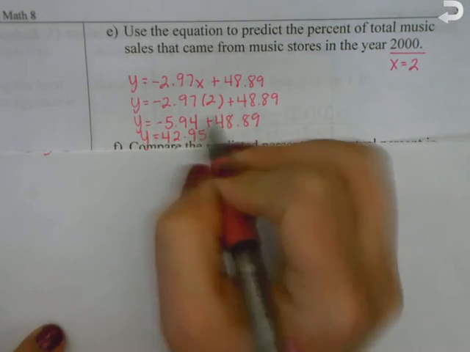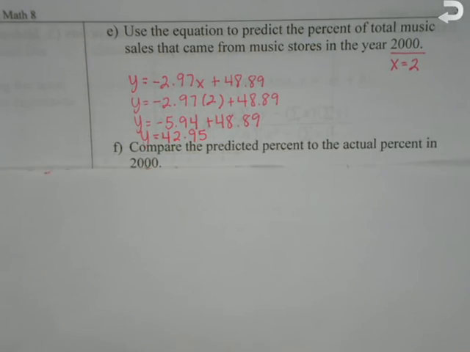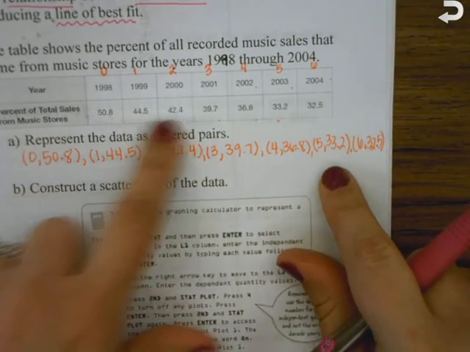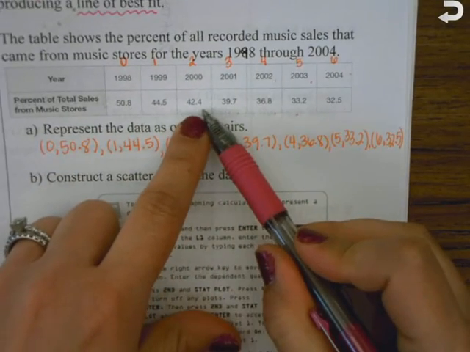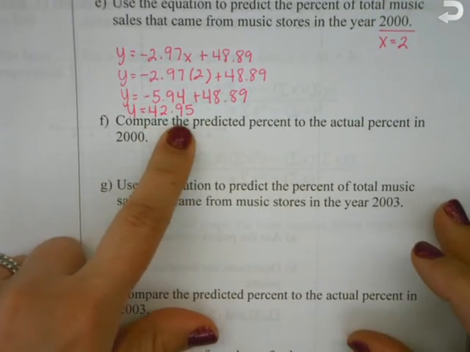So how does that compare to the actual percentage? It's about 43%. Hold on. We actually have the exact amount for the year 2000. What did it come out to? It actually was 42.4. We calculated it to be 42.95. Were we close? Yeah, we were really close.